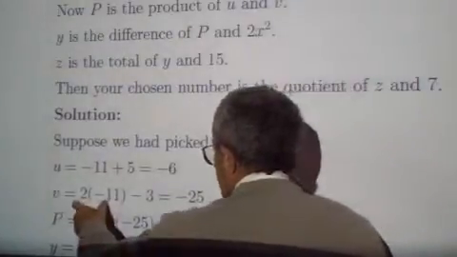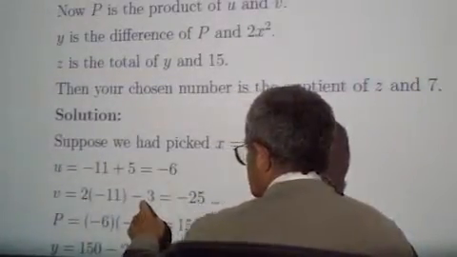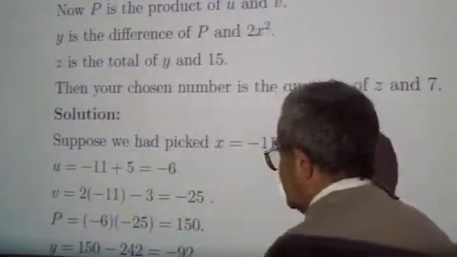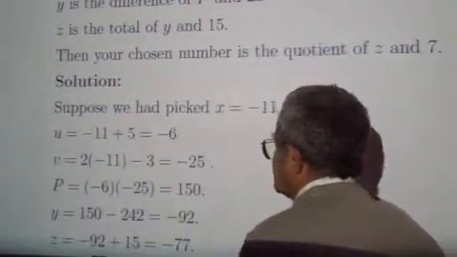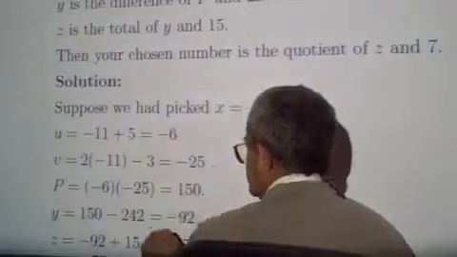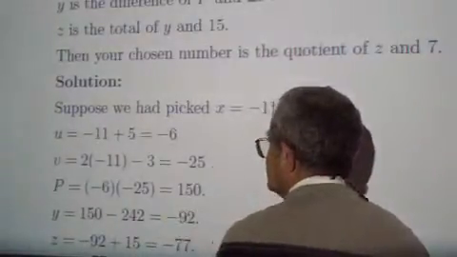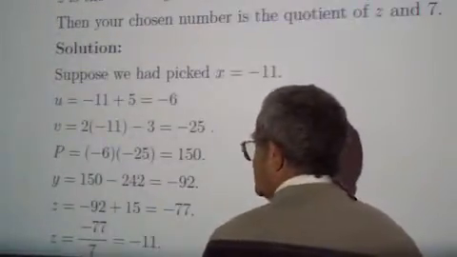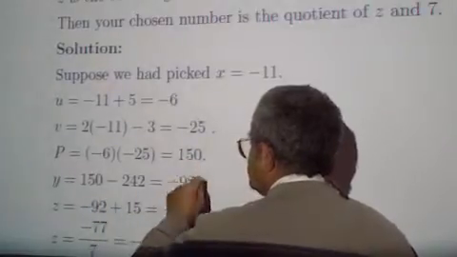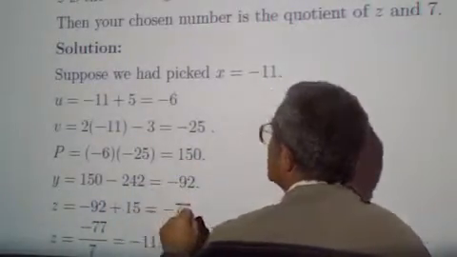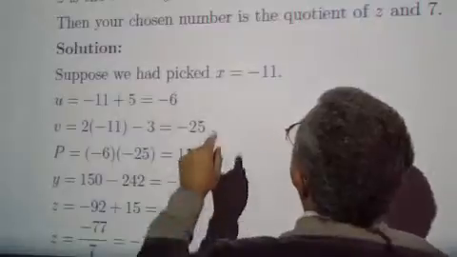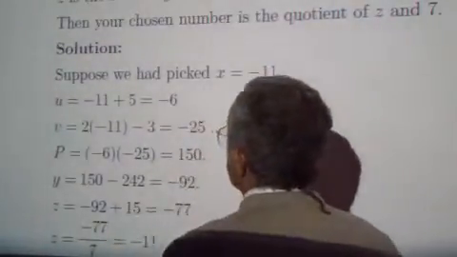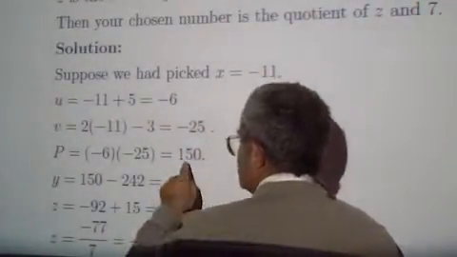Then you get twice this number, and you subtract 3 from it. That's negative 25. P is the product of u and v, negative 25 and negative 6, so positive 150.